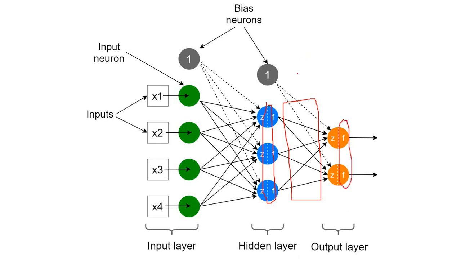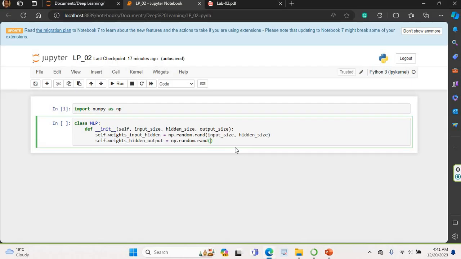So then the matrix should be hidden to output. Okay, so then we will have hidden size and output size. So these are the initial weights we are having in this network. So we are randomly assigning a weight into these connections through these two code lines.